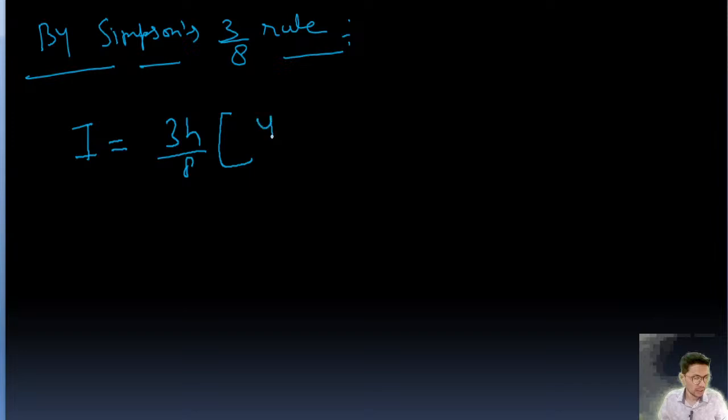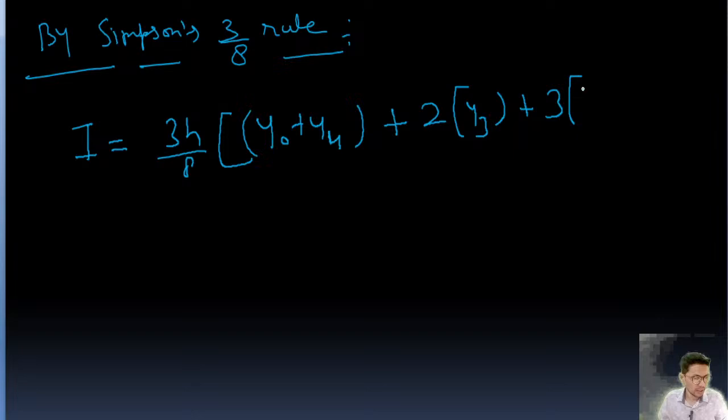This one, y0 plus y4, initial term plus final term, right? Then 2 into multiple of 3 means there is only y3, and plus 3 into remaining term, that is y1 plus y3.